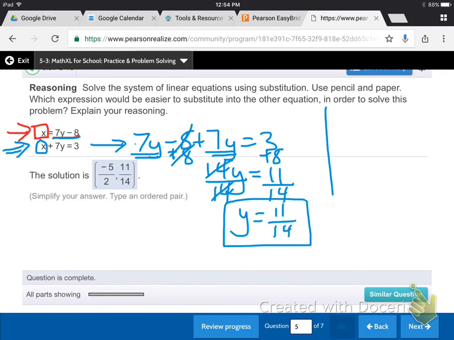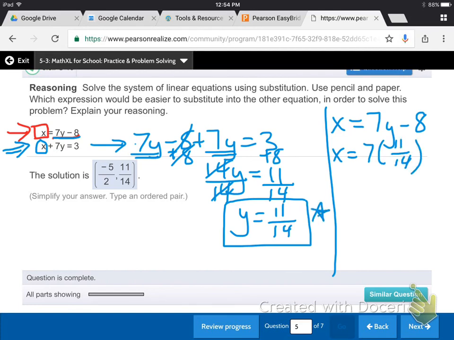So let's take the first equation, which was x equals 7y minus 8. And this time we know that y equals 11 over 14. That's what we just figured out, so substitute it in the equation.